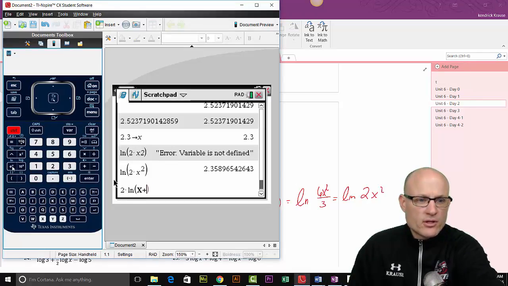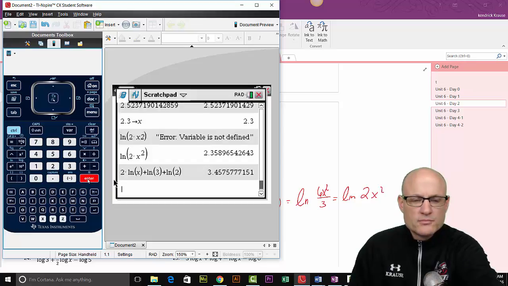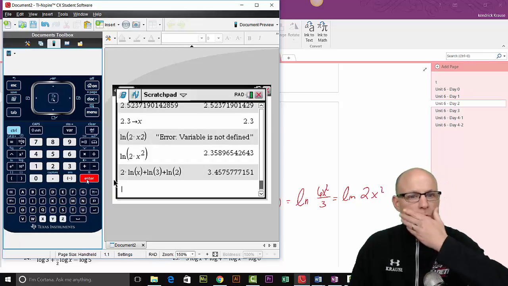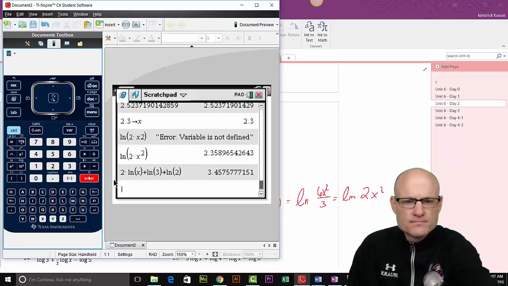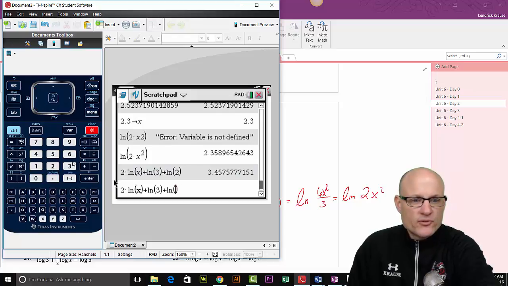The natural log of 3 plus, oops, plus the natural log of 3 plus the natural log of 2. Oh, 6. My goodness, I keep putting in numbers wrong.